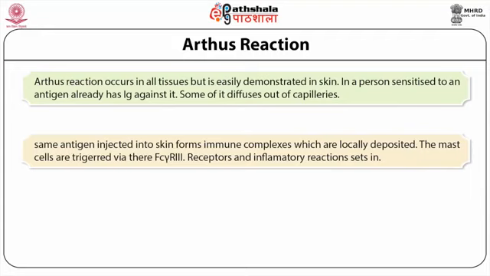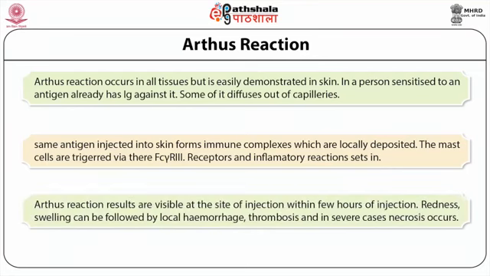The mast cells are triggered via their Fc gamma R3 receptors and inflammatory reactions set in. Arthus reaction results are visible at the site of injection. Within a few hours of injection, redness and swelling can be followed by local hemorrhage, thrombosis, and in severe cases necrosis.